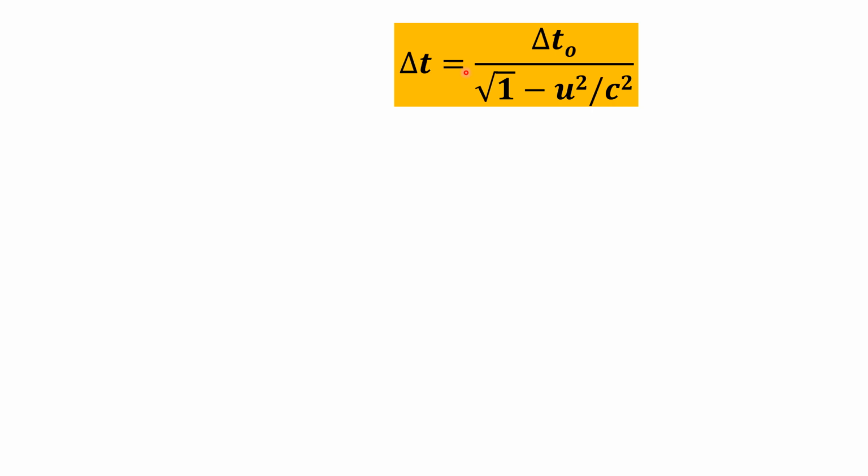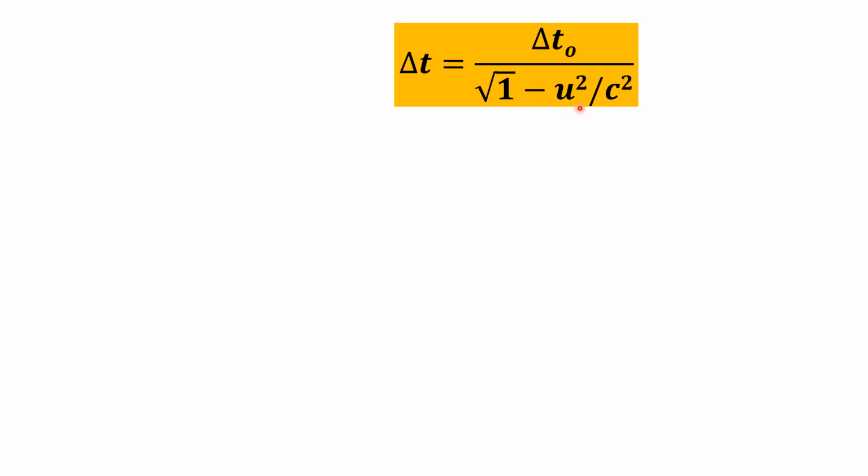That would mean that delta t is just numerically equal to delta t naught. So in which case, there is no relativistic time that will occur.